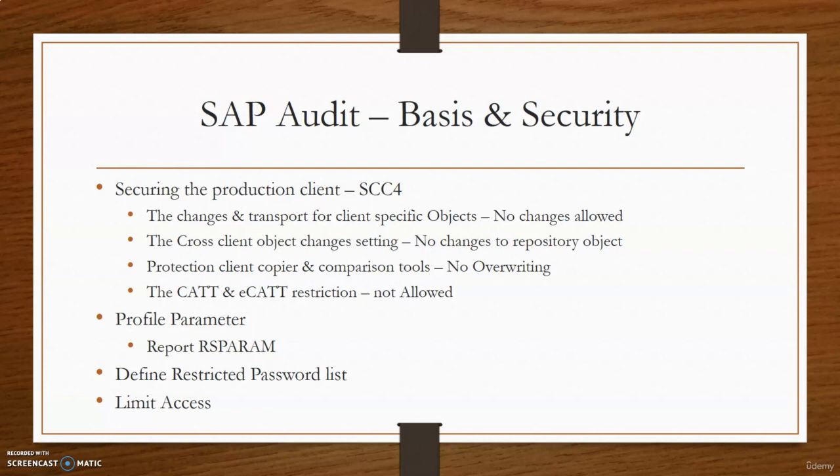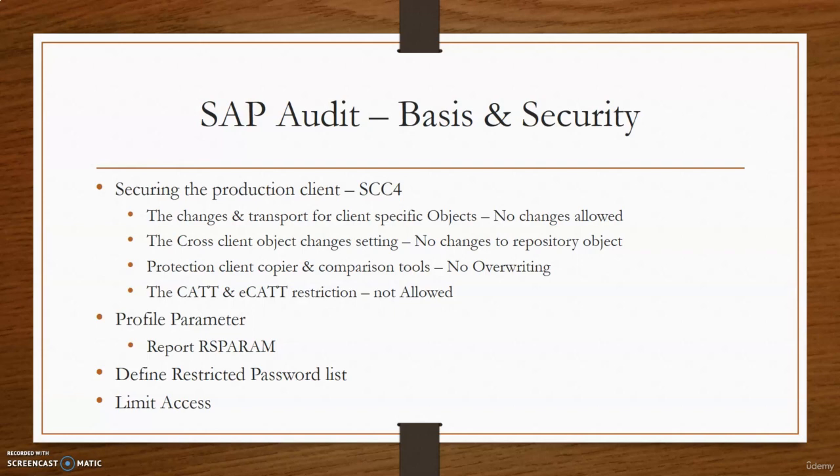The next is the profile parameters. Default profile parameters should not be there. Several of the security parameters provided by SAP as default settings are typically not appropriate for many organizations and should be changed. These security parameters relate to password requirements, the action SAP takes on invalid login, and other such criteria. The right setting for your organization will depend on your industry, your regulatory requirements, and your own security policies.